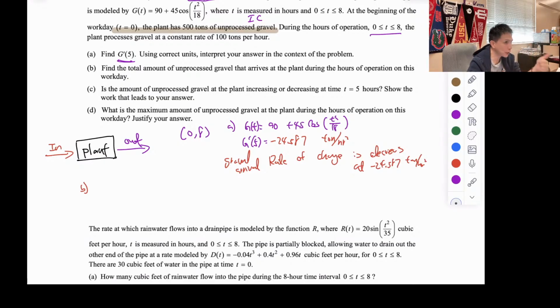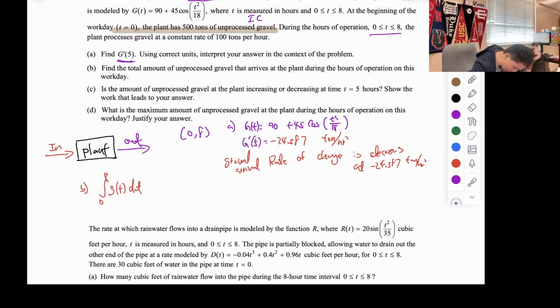So am I looking for G prime of 5 or G of 5, or what am I looking for? They're not looking for anything to do with 5. They're actually doing it with 8. Okay, so for 8, it'll be 0 to 8, right? And then that will be G of t, right?